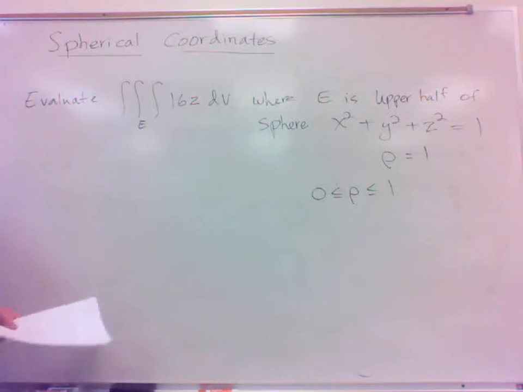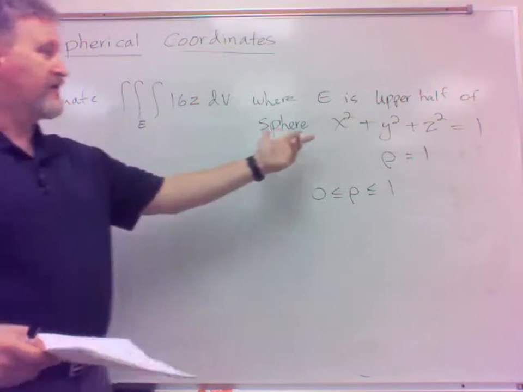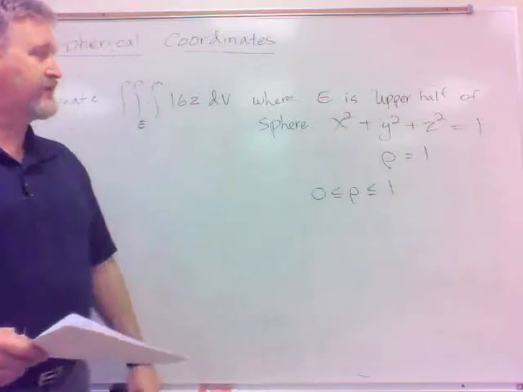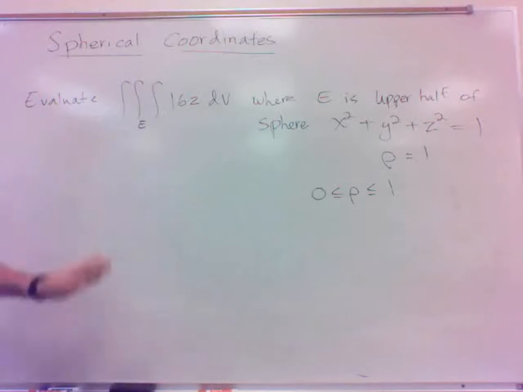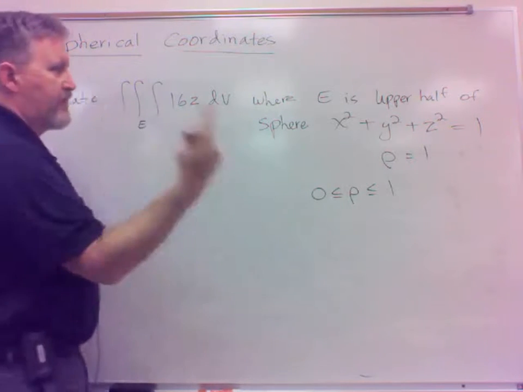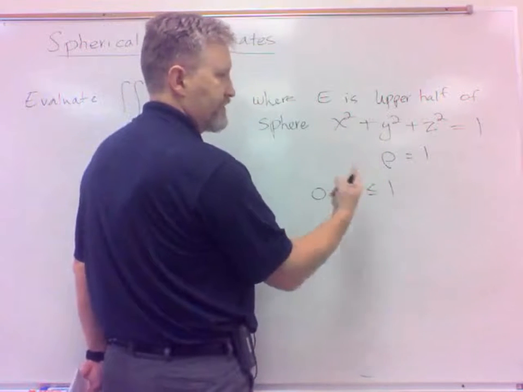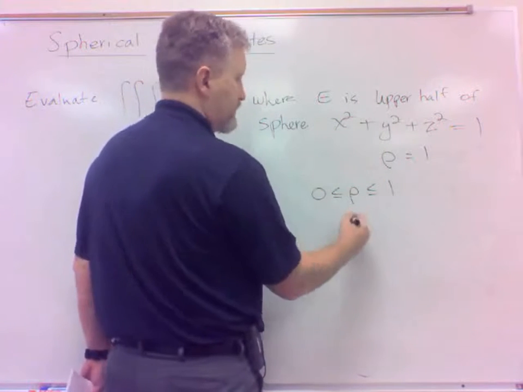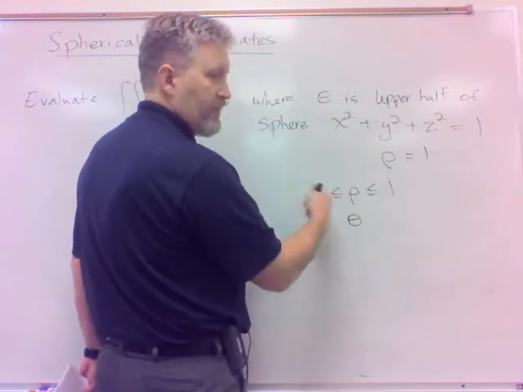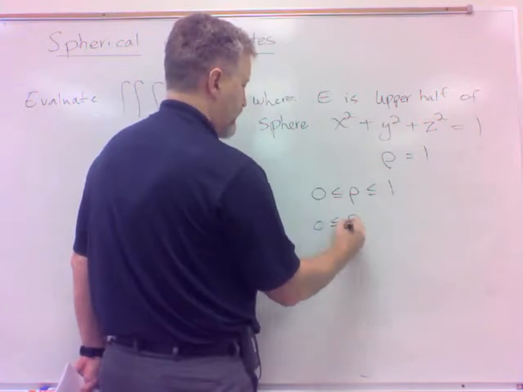That's a sphere of radius 1. So rho will go from 0 out to 1. And if you think about it in the xy plane, theta is going to go all the way around. Theta goes from 0 to 2 pi.